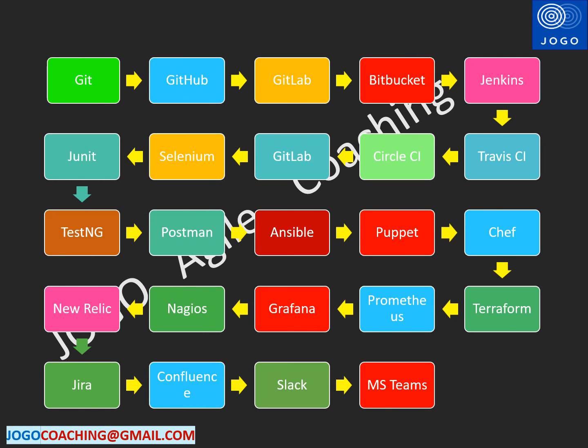Let us quickly review the summary of the tools that we discussed in this video. Git, GitHub, GitLab, Bitbucket, Jenkins, Travis CI, Circle CI, GitLab, Selenium, JUnit, TestNG, Postman, Ansible, Puppet, Chef, Terraform, Prometheus, Grafana, Nagios, New Relic, Jira, Confluence, Slack, and MS Teams.